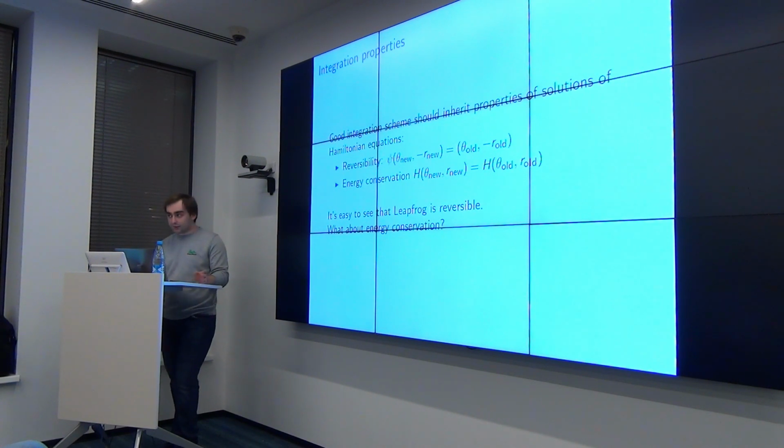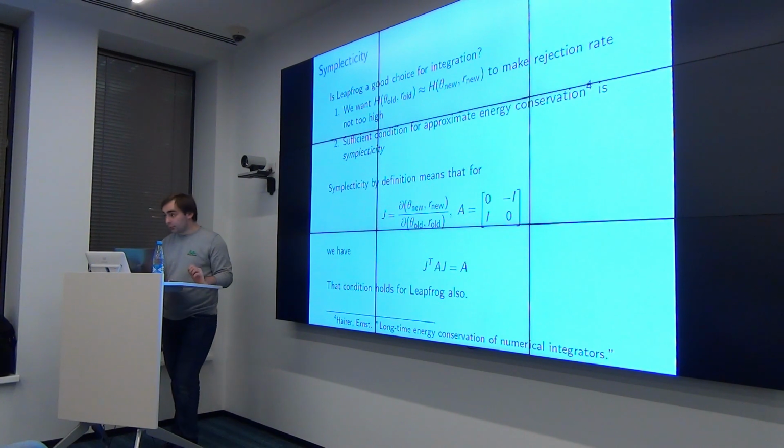And what about energy conservation? Why do we even want energy conservation? Because our acceptance probability depends on how far we diverge from the true Hamiltonian. So there is a sufficient condition for approximate energy conservation. It's called symplecticity.